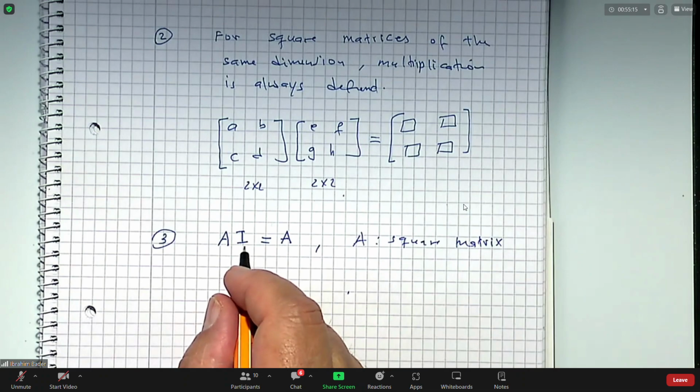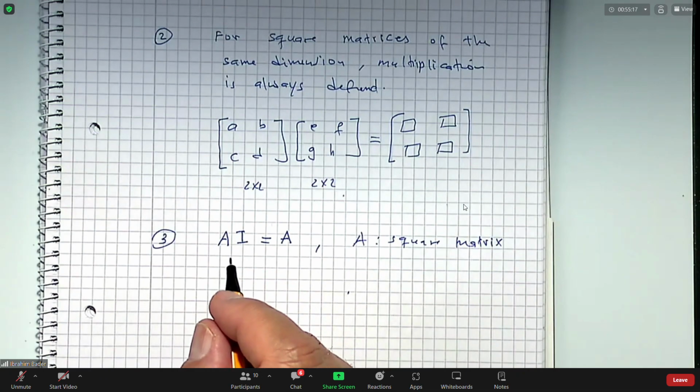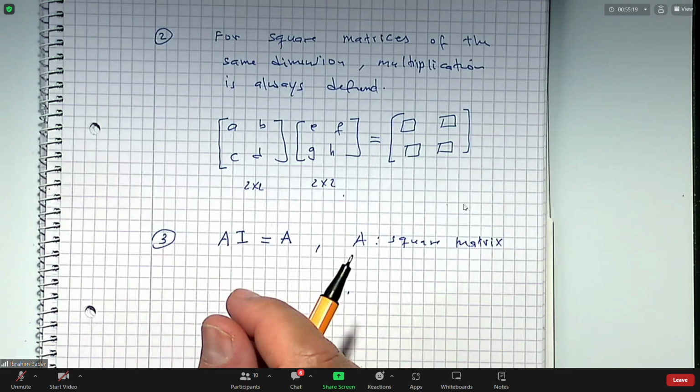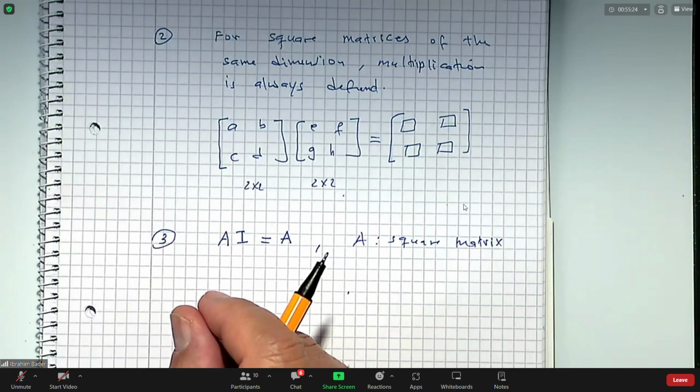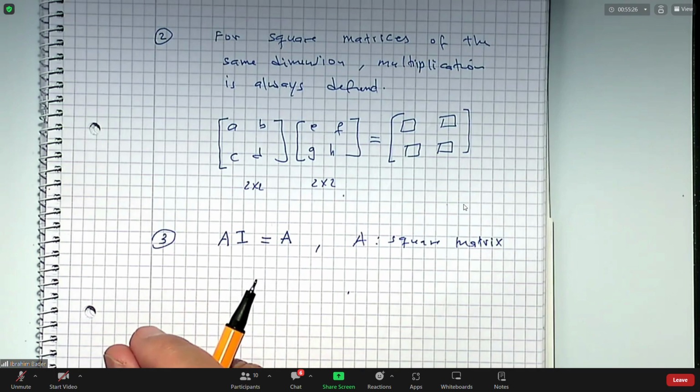And notice that there is not only one identity when we talk about matrices. It's not like numbers, where you say one is the multiplicative identity. Here we are talking about the identity corresponding to the dimension of the matrix.